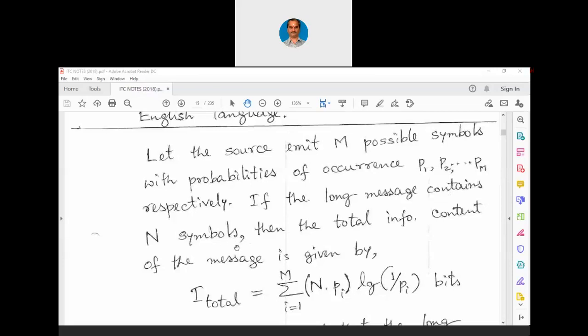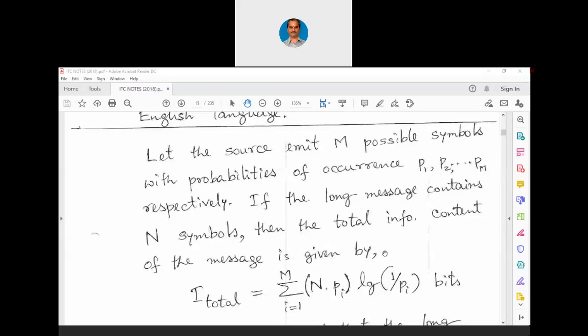So if at all I count till this N symbols, from this "if" till this comma, there are 95 symbols.